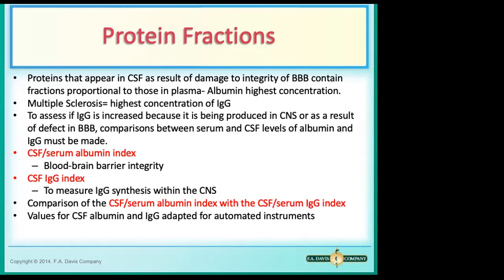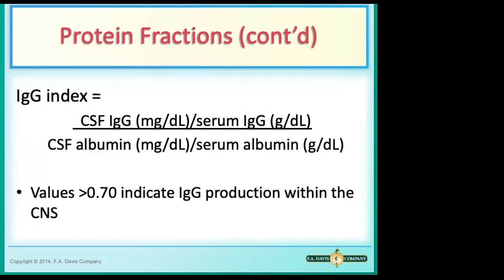The comparison of the CSF serum albumin index with the CSF serum IgG index will give us some information. Again, this can be done in automated chemistry analyzers. We can do CSF albumin, serum albumin, CSF IgG, and serum IgG. All right, so this will be the calculation of the IgG index.